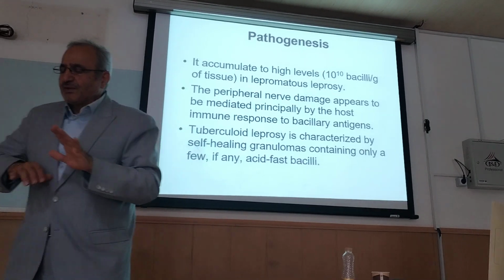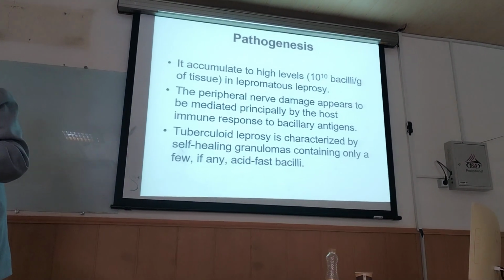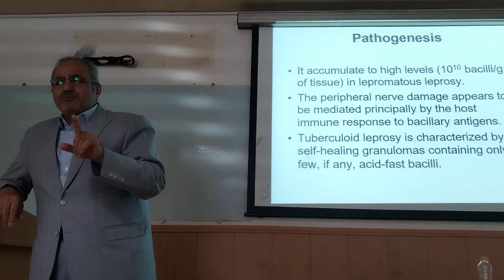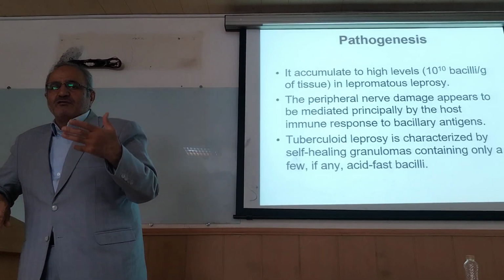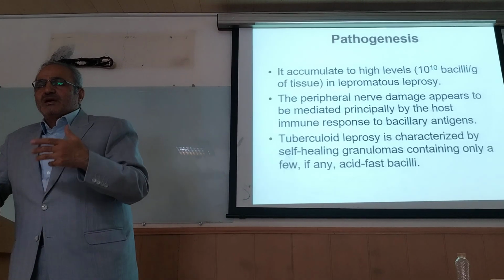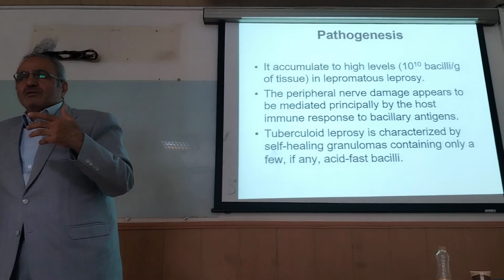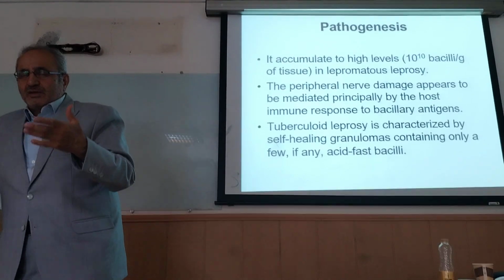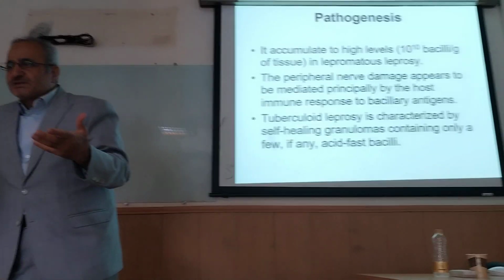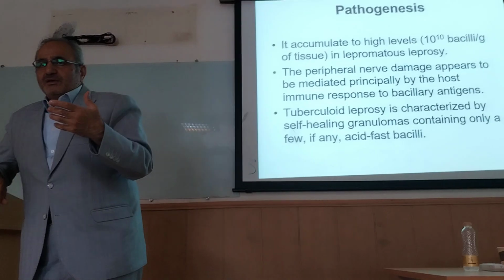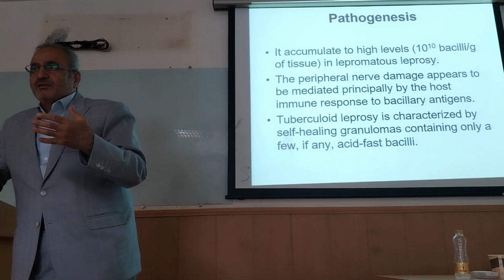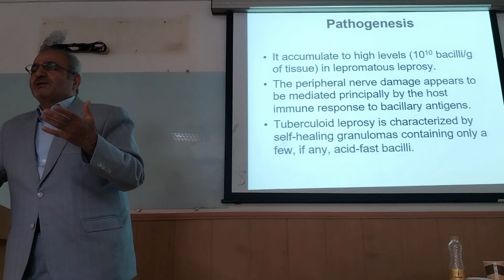Because of this, they name lepromatous leprosy the multibacillary form, meaning a lot of bacilli are present, and we call the other form, tuberculous leprosy, the paucibacillary form. In tuberculous leprosy, sometimes we cannot find any bacilli in the lesions.